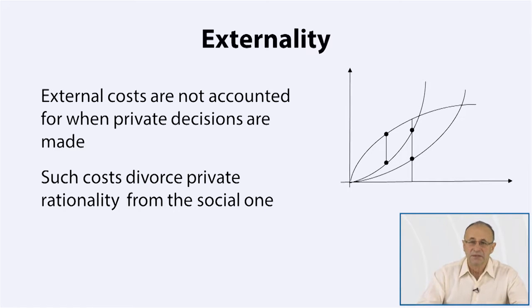Or, perhaps worse yet, my decisions affect you in a negative way. You incur losses as a result of my actions. But again, these are someone else's losses. And as a result, I do not take these losses into account when I make my own decisions. Externalities abound. Environmental degradation is perhaps the best known kind of externalities.